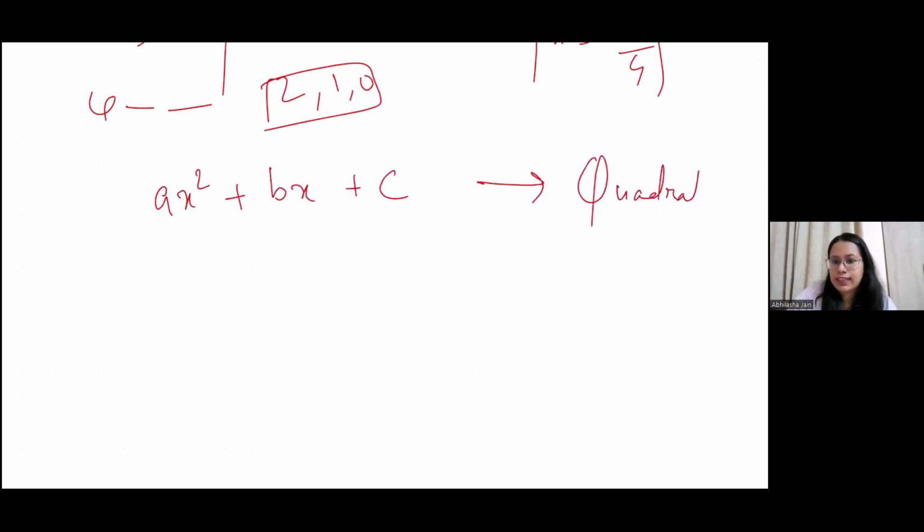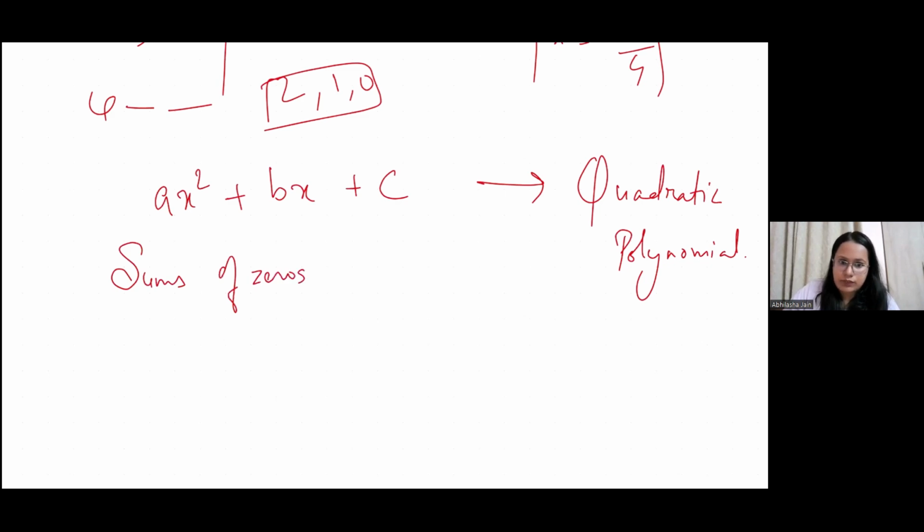I'm writing this again and again so that it fits in your mind that a quadratic polynomial has the maximum power of 2. Now there are two zeros here, right? So we are going to assume zero 1 as alpha and zero 2 as beta. So the sum of zeros, alpha plus beta, is always equal to negative b over a.